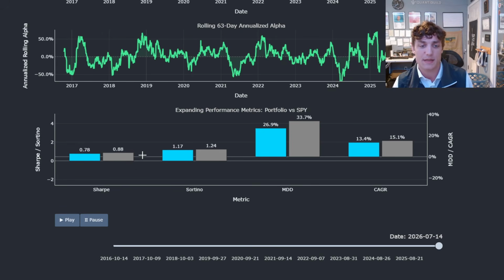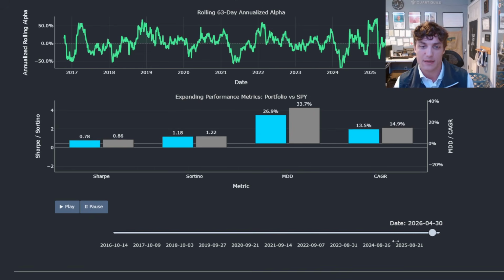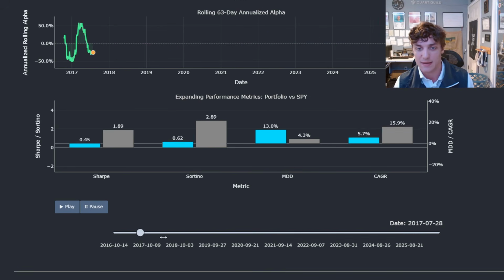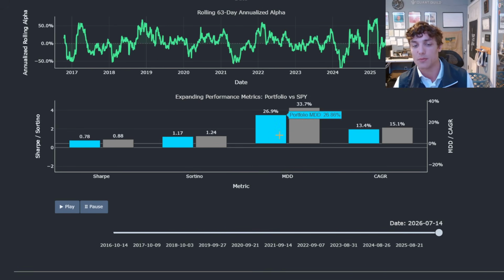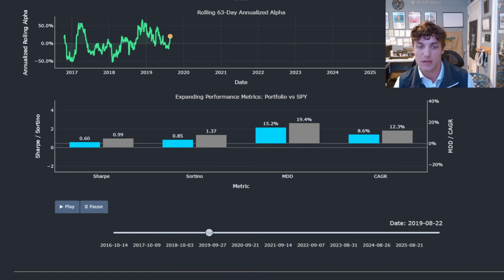And then, of course, you can assess your portfolio metrics down here over time as well. So you can see that the max drawdown for each portfolio is going to change over time. At the end of this particular series, it was 26 and 33%. The CAGR is 13 and 15%. And you can just see how this is going to change over time.